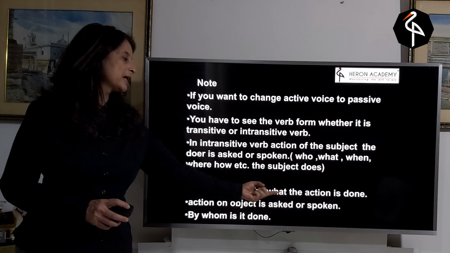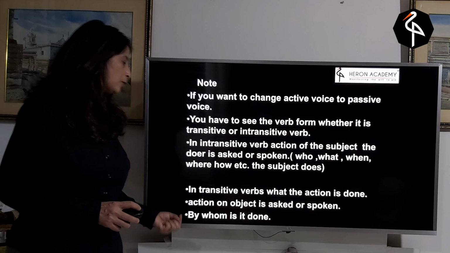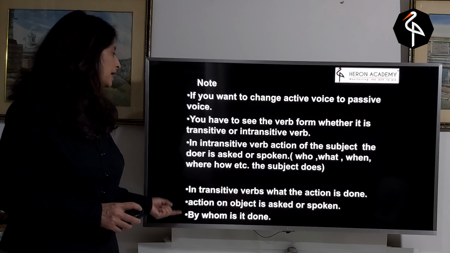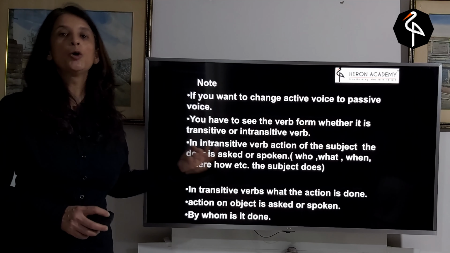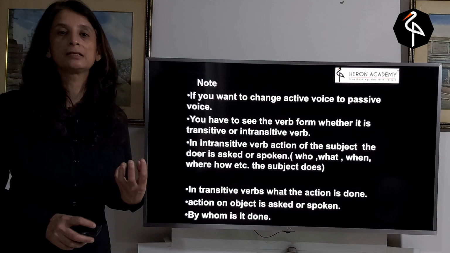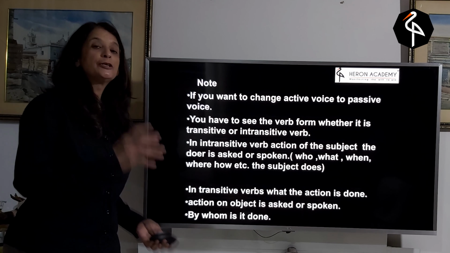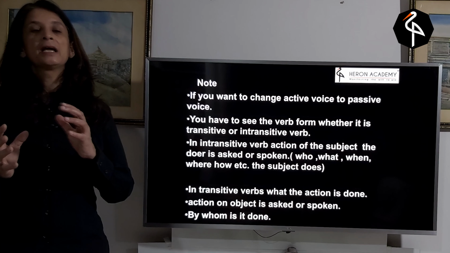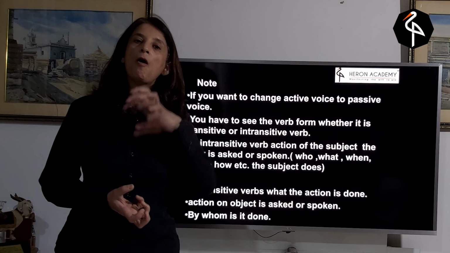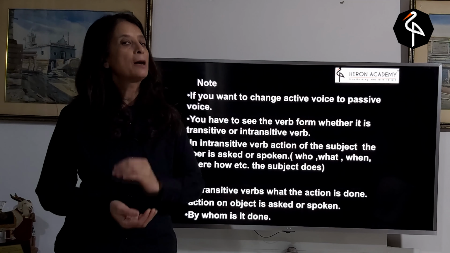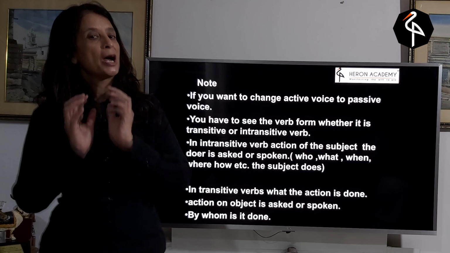Action on the subject is asked or spoken, means action on the object is asked or spoken. And number three is, if it is done by whom? So this is the transitive form of verbs. So you have to understand in today's session that in active and passive voice, active is all about the action of the subject, and the verb you will need here is a transitive verb.